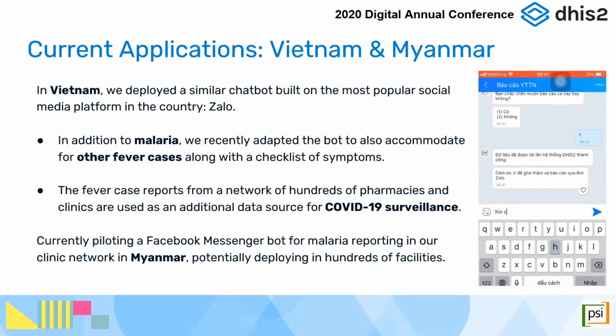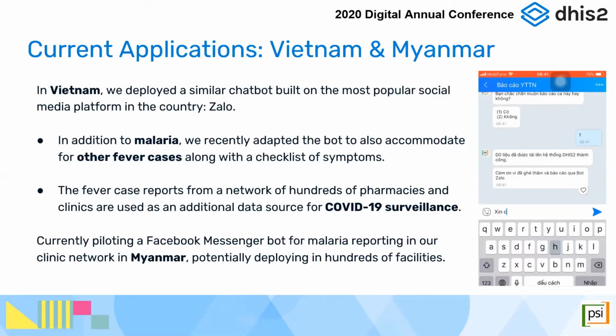In Myanmar, we're now also piloting a Facebook Messenger bot for malaria reporting. Again, very much the same. This is happening in our extensive social franchise clinic network throughout the country, and we also intend to open this up to other notifiable diseases.